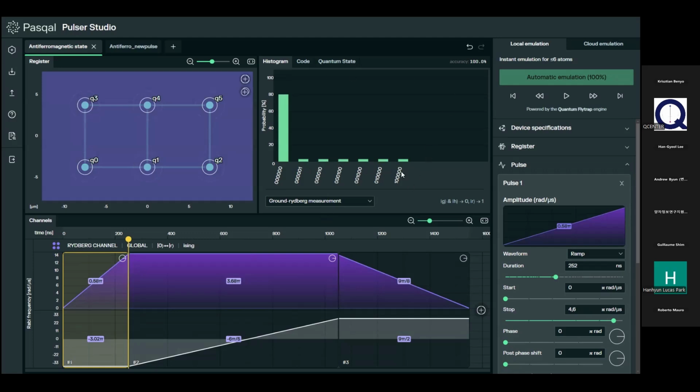So here is the advantage of working with an emulator. This is something you could not do with quantum computers because you cannot just stop the experiment halfway through and then continue. But with emulators, we have solved the system directly from a numerical solver, so I can do that.